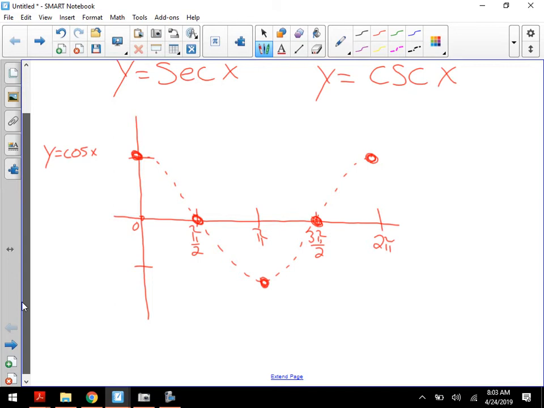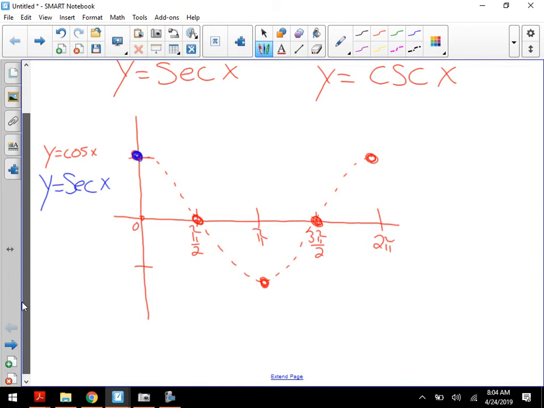Now, when you look at it in terms of a reciprocal, when you reciprocal stuff, you flip the fraction. You're okay with that? And that's what we're doing with secants, and that's what we'll do here in a little while with cosecants. So when you're looking at the reciprocal form of this, I'm going to graph that in blue. What's the reciprocal of 1? 1. Okay. What's the reciprocal of 0?